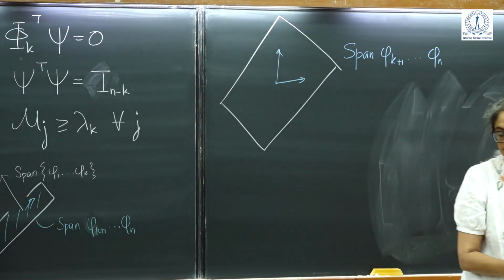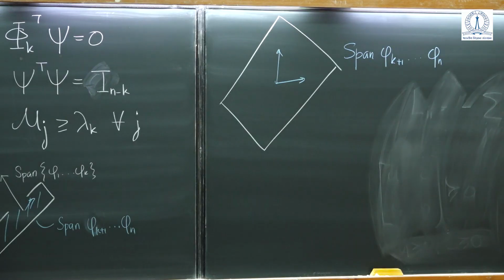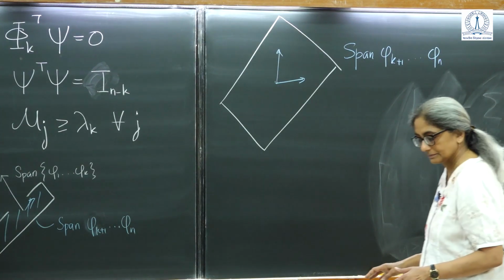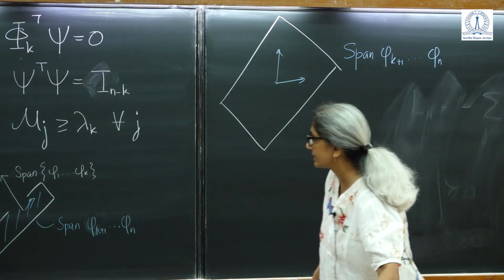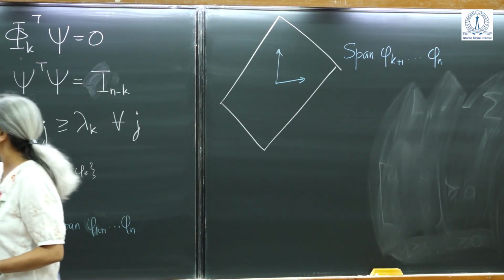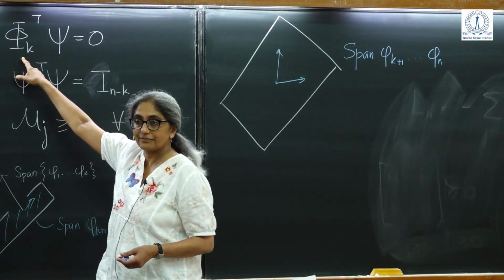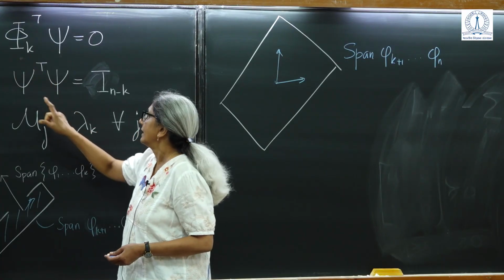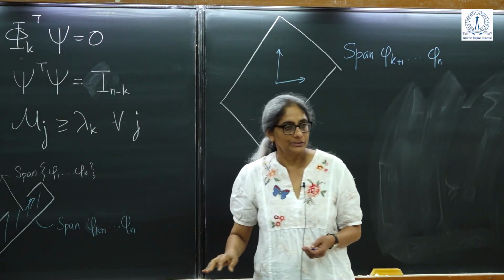They're orthogonal, right? So what do we know about the size? Where should they come from? These new things, we don't know what they are. They have to be orthogonal to all the previous phi 1 through phi k. And they have to be mutually orthogonal too.